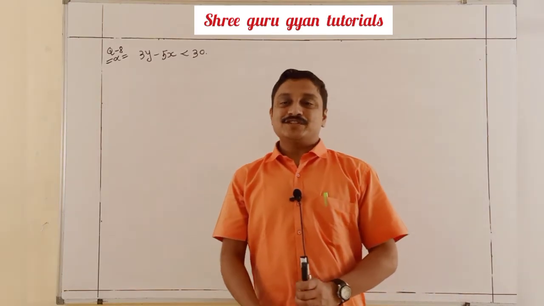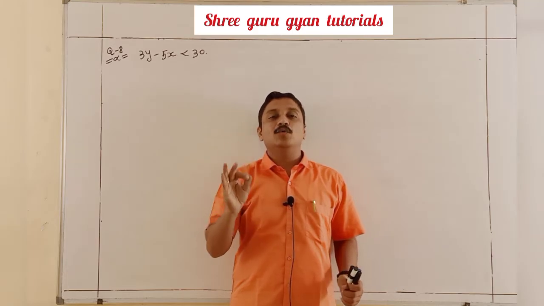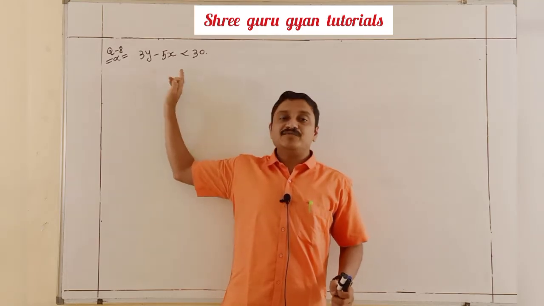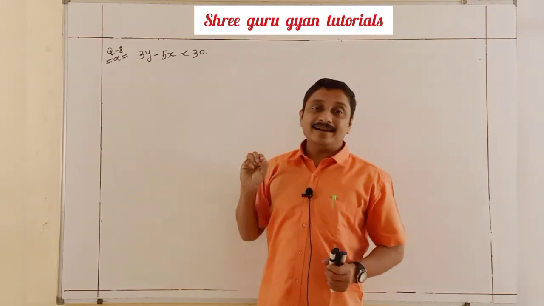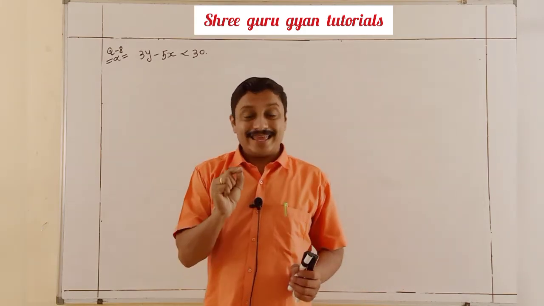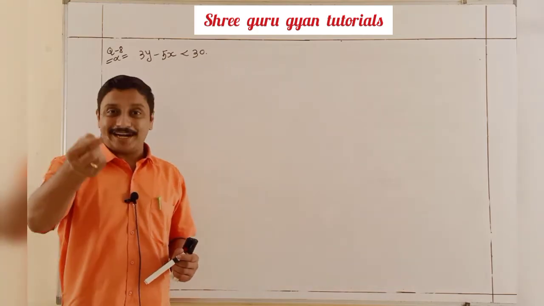Yes students, one more question, number 81. In the same linear inequality, 3y - 5x less than 30. Less than indicates your answer is an open half plane, which means here we use a dotted line.